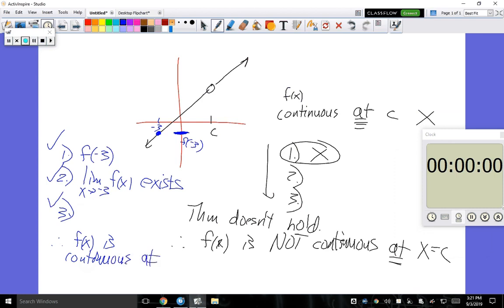I know it's so subtle, but guys, you're going to learn this word is huge. At what? X equals -3. So, in general, this huge function, is it continuous everywhere? The answer is no. But is it continuous at 3? Yes. Is it continuous at 0? Yes. You with me? So you can be very descriptive of where you're continuous at.